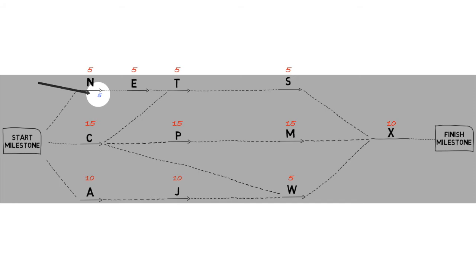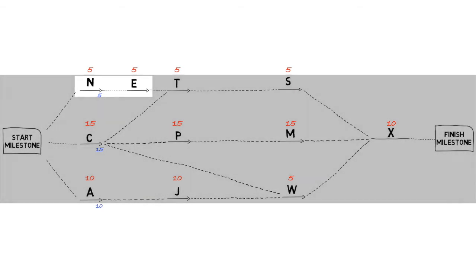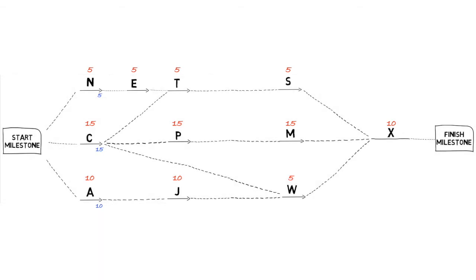This is going to signify that the operation or the accumulation of time preceding that operation has been completed and the time it took to do so. Also, I'm going to go ahead and place the times in at C and A as well. So let's get started. N plus E equals 10. So let's put 10 at the end of E.